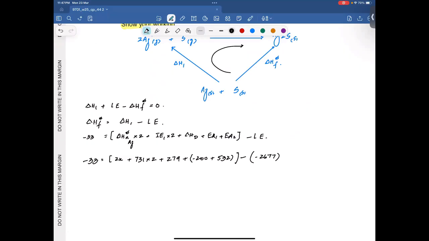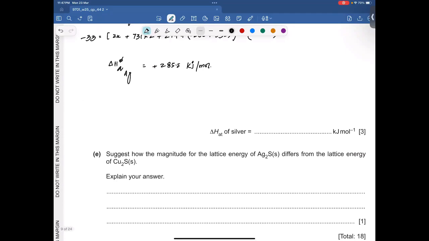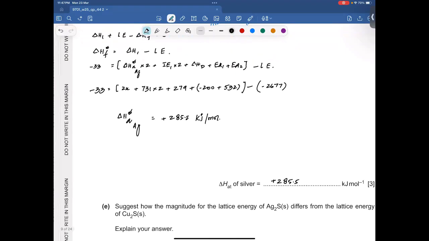Okay. So the value of atomization of silver is going to be plus 285.5 kilojoules per mole. Okay, I hope it makes sense to you.